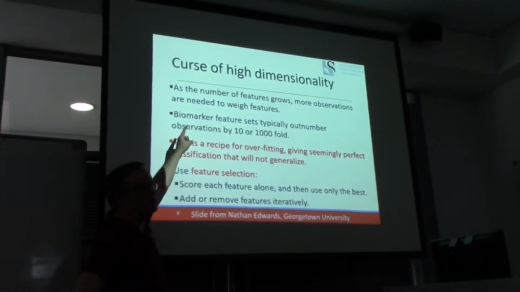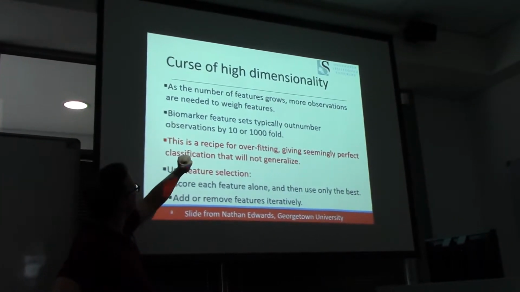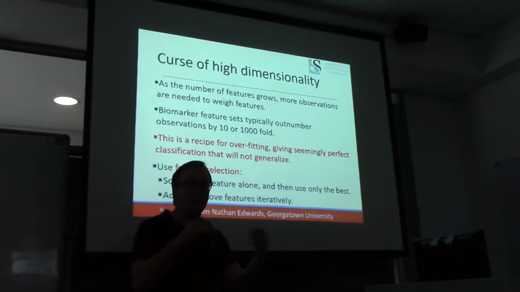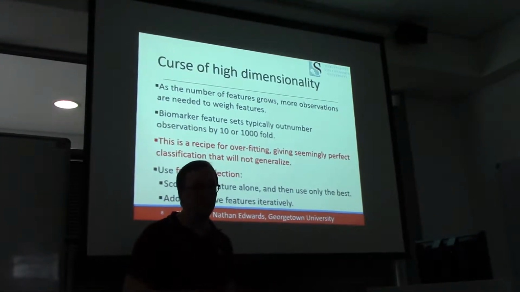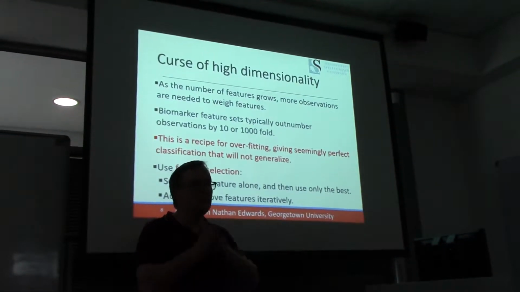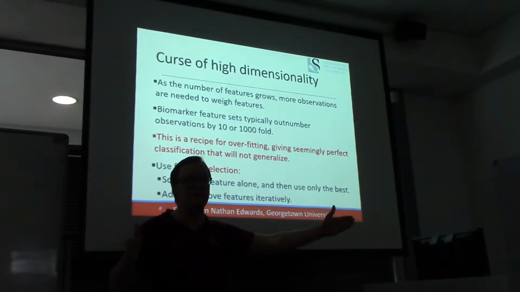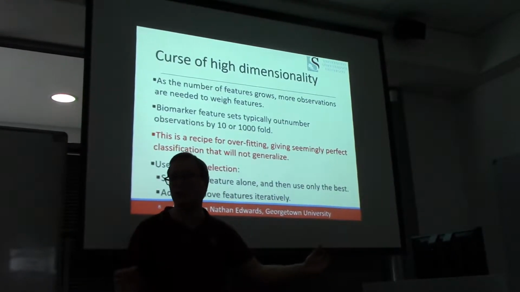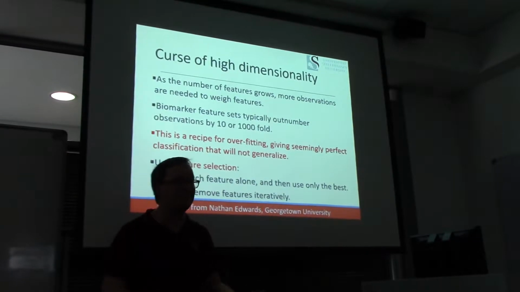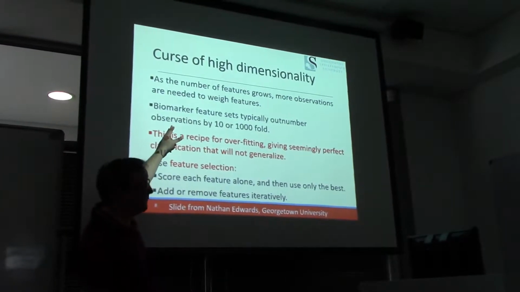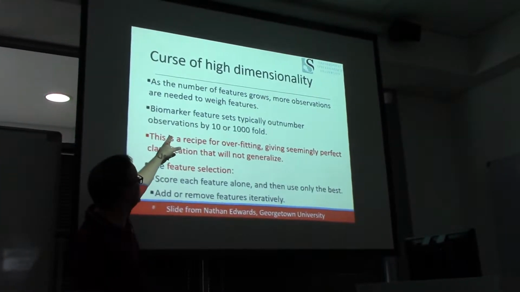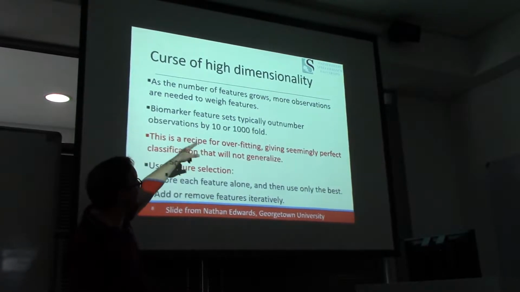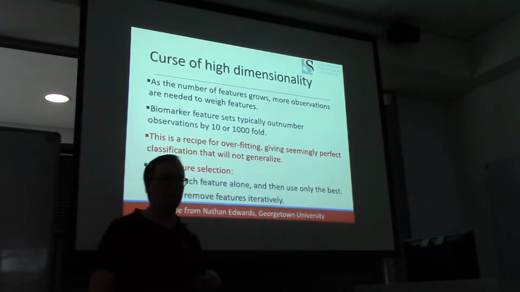As the number of features grows, more observations are needed to figure out which of those features actually matter. So the longer the list of information you provide about each patient, the more patients you're going to need to figure out which ones matter. Biomarker feature sets typically outnumber observations by 10 or even 1,000-fold.